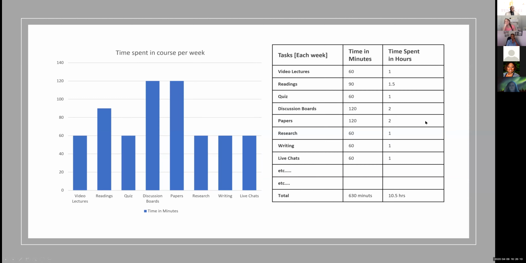We'll be glad to send you this spreadsheet where you can estimate how much time you expect your students to spend on each activity. So you have to make sure for 3 credit hours, the threshold is 9 hours per week.